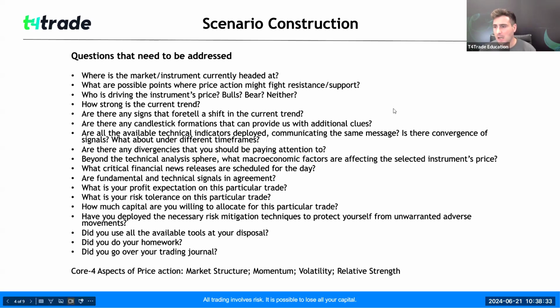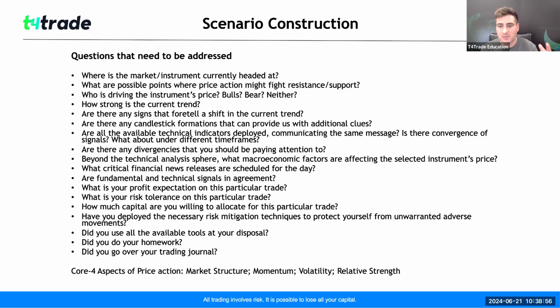So where we left off, beyond the technical analysis sphere, what microeconomic factors are affecting the selected instrument's price? For example, WTI and OPEC Plus news releases. Okay, for example, OPEC Plus announces that they will restrict their output capacity in the next 6 months.